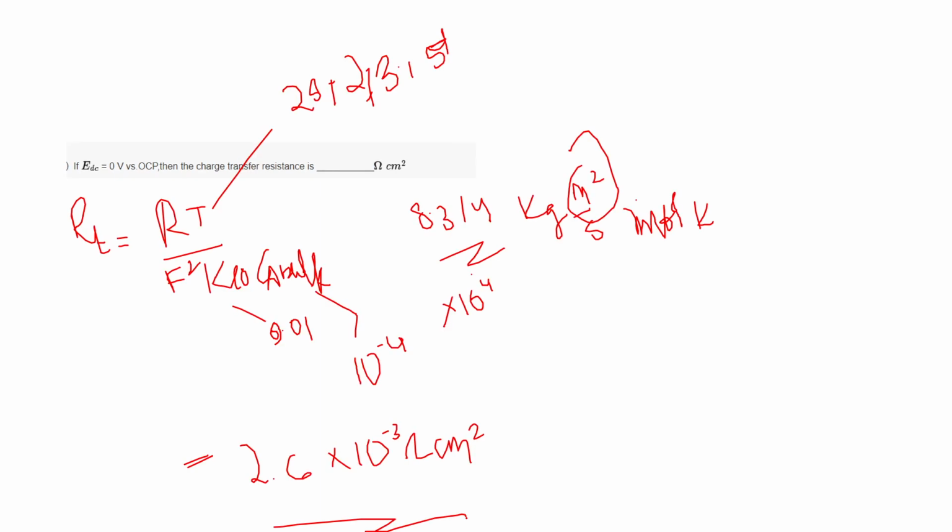Now the next question is, if EDC equal to 0 volt versus OCP. Excuse me, in the previous question, the value of R you have just now got is 8.314 into 10 to the power 4, or 8314? 8314, yeah.